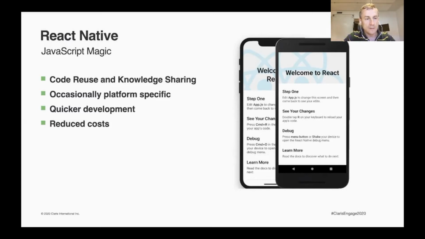Most of the components that we can use, that are free to download from the NPM or Yarn package managers, overlap all of the differences between iOS and Android. But in some cases, it's possible to go inside each and every one of them and adjust the code as you want. This gives us quicker development time. You can save a lot of time with this, and it, of course, reduces the costs.